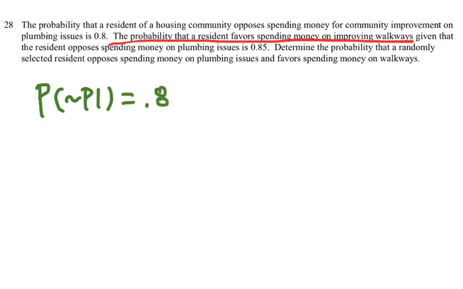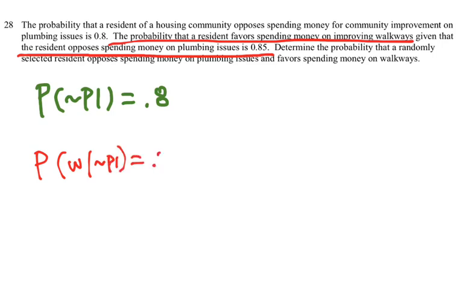But the second one is the probability who favors spending money on walkways, given that they are opposing the plumbing issue. So it would be probability of walkway W given not PL is equal to 0.85.